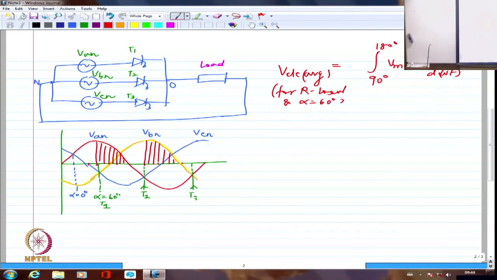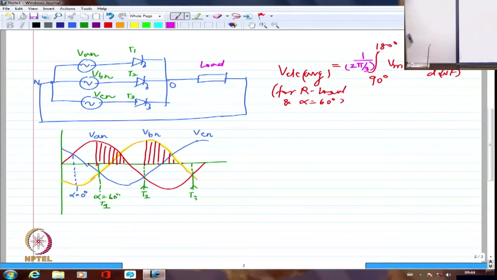Okay? So now averaging, still I have to do it over 2 pi by 3. Please remember this. Because I'm not getting any voltage, all right, but every device is fired only for a 2 pi by 3 interval. So obviously I can't average it over any other quantity.